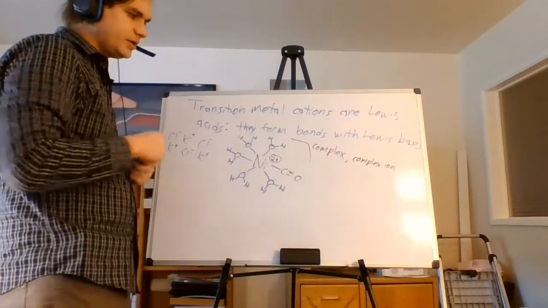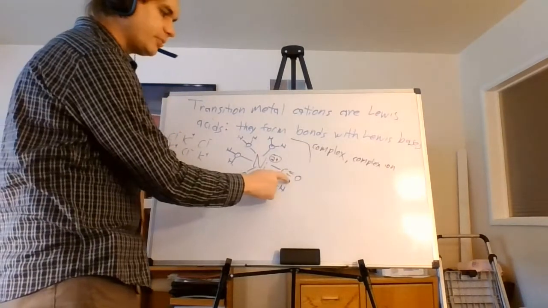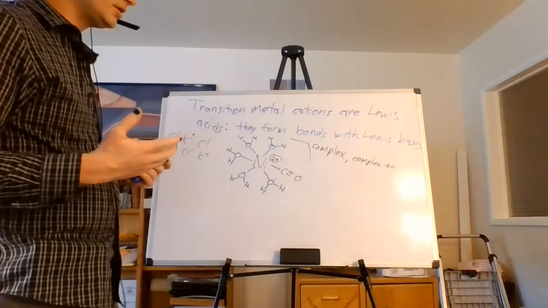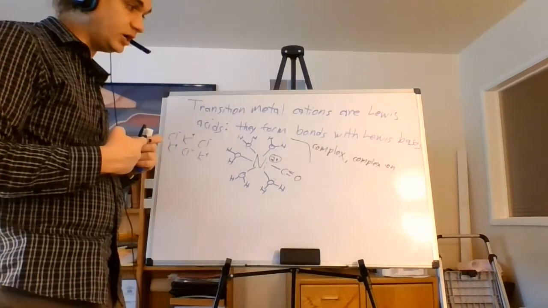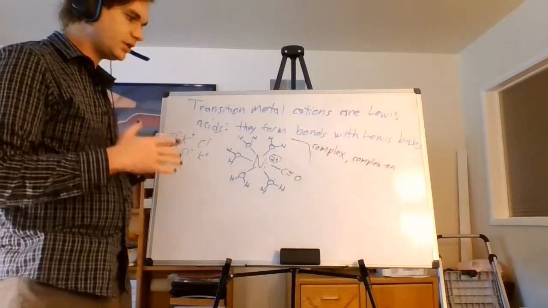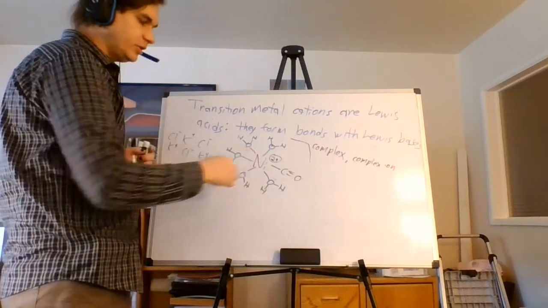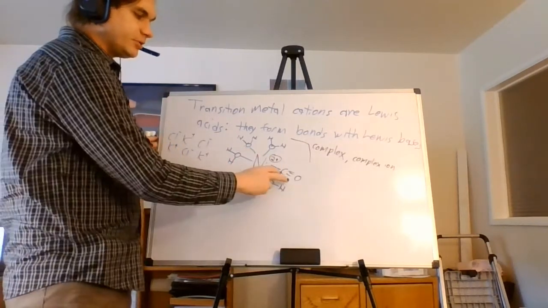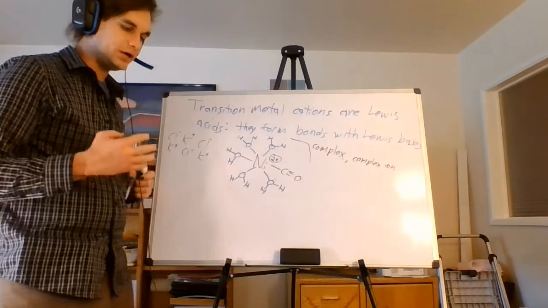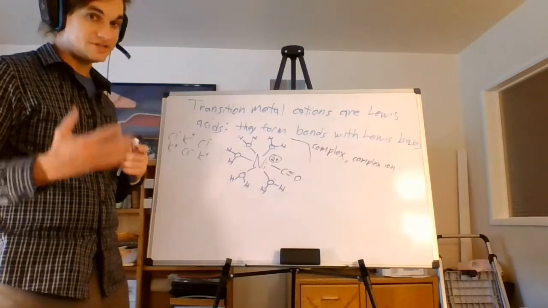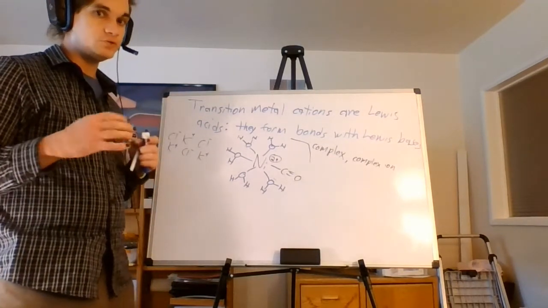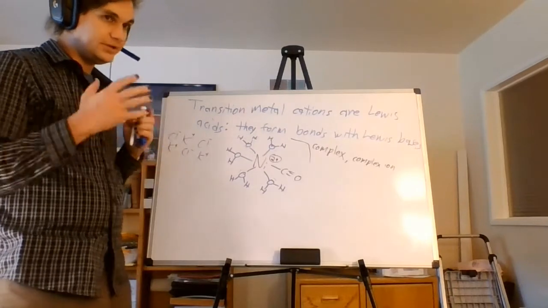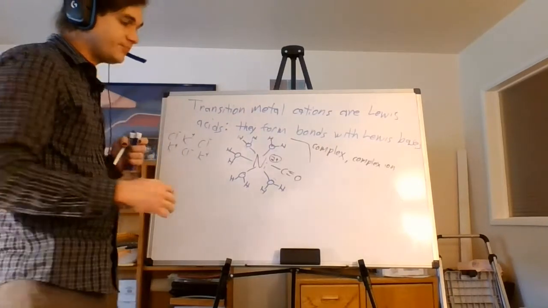Oh, by the by, carbon monoxide is the strongest ligand that only binds through one bond. There's a lot of reasons for that. There's back bonding that happens, but the reason I bring this up is that this is also the reason why carbon monoxide is very, very toxic, and why you don't want to run your car in the garage for very long.